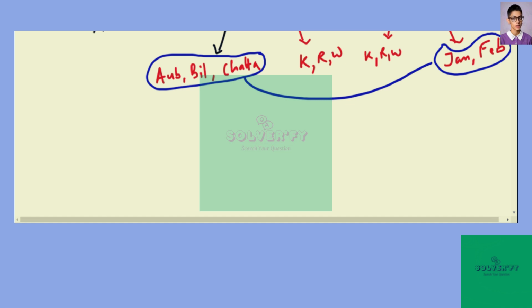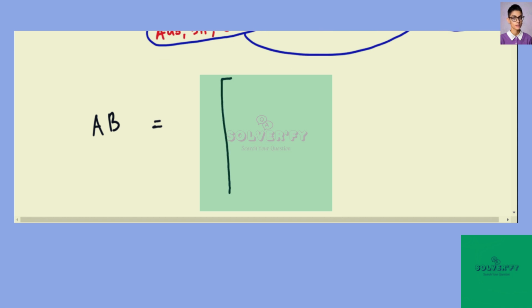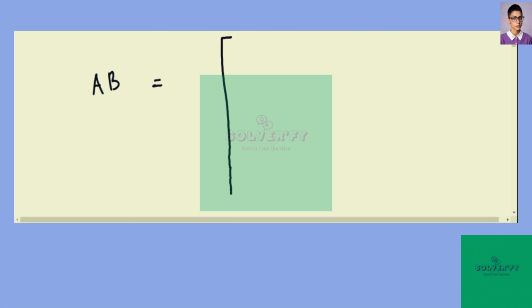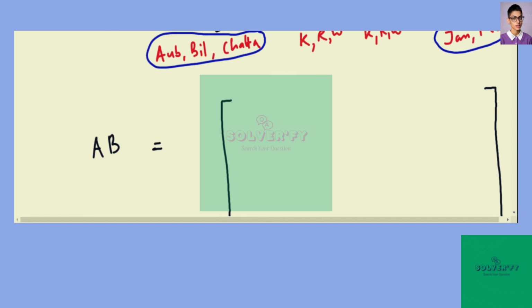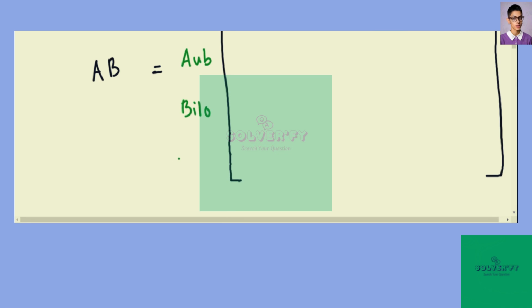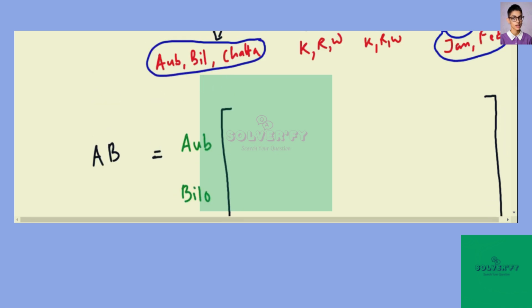AB would be a 3 by 2 matrix, where the rows will be the places and the columns will be the months.